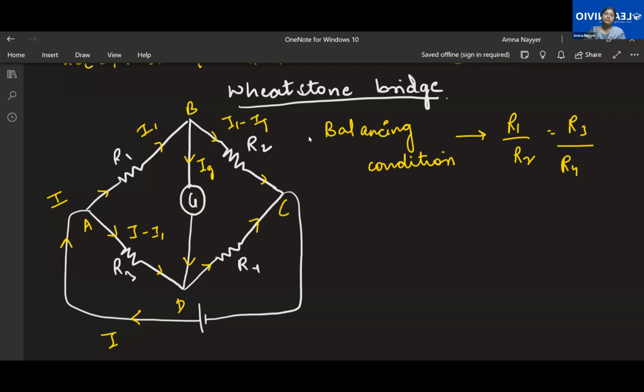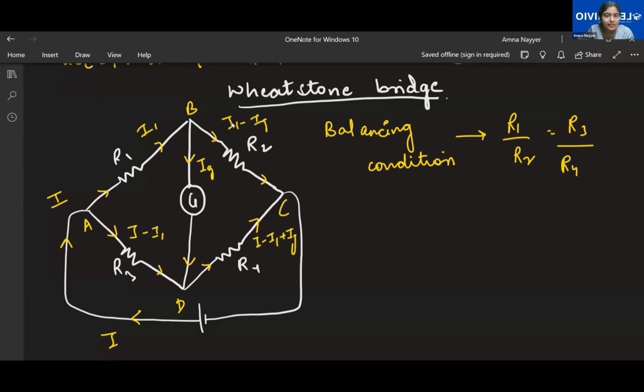Yeah, I minus I1 plus Ig. Very good, Ubaidullah. Ig is coming, I minus I1 is also coming, so they'll eventually get added up. When current leaves, you subtract. I1 was coming, Ig went, so you subtract that. When Ig is coming and I minus I1 both are coming, you add it. So in this branch, we'll have I minus I1 plus Ig.